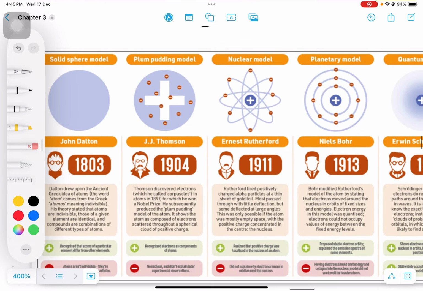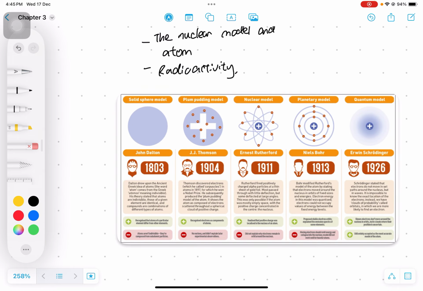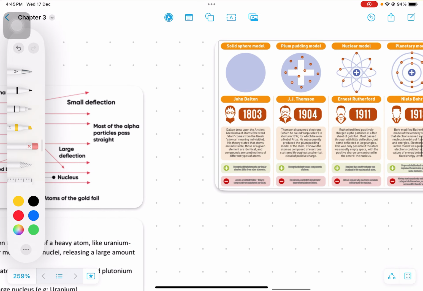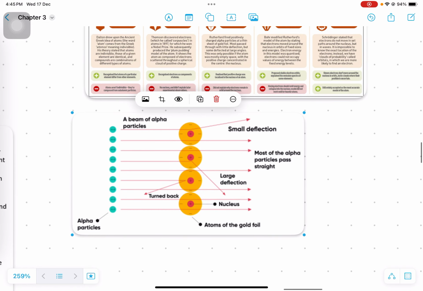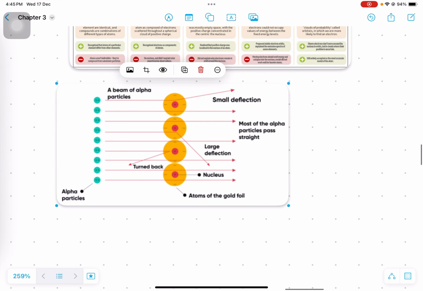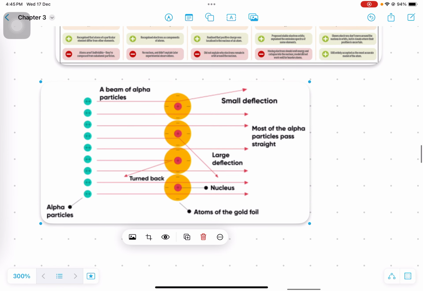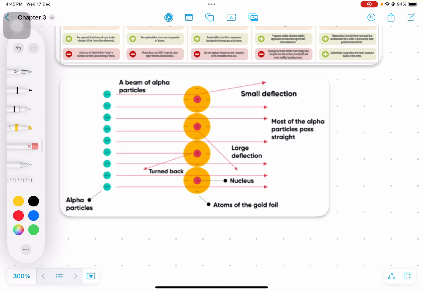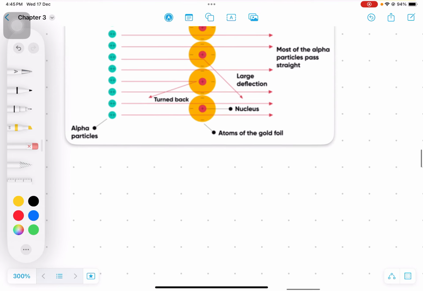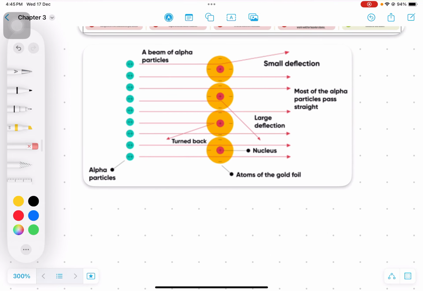So how do we go from this model to the other? Ernest Rutherford did an experiment to try to figure out something else, but in this experiment they figured out the atom is not what it looked like. So they started to have an idea of what the actual atom looks like.